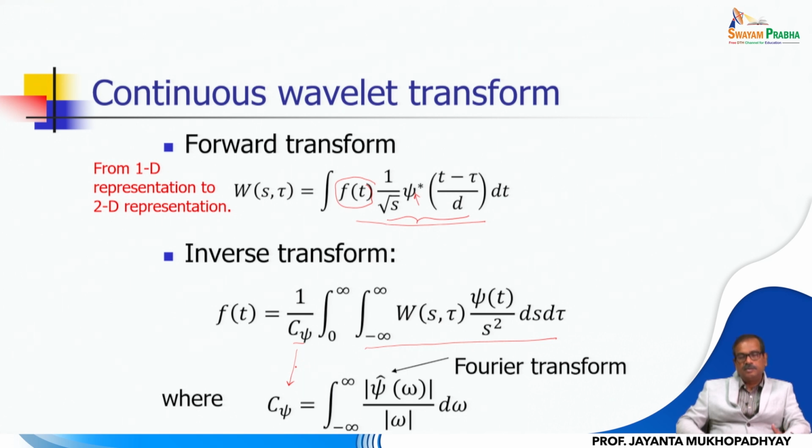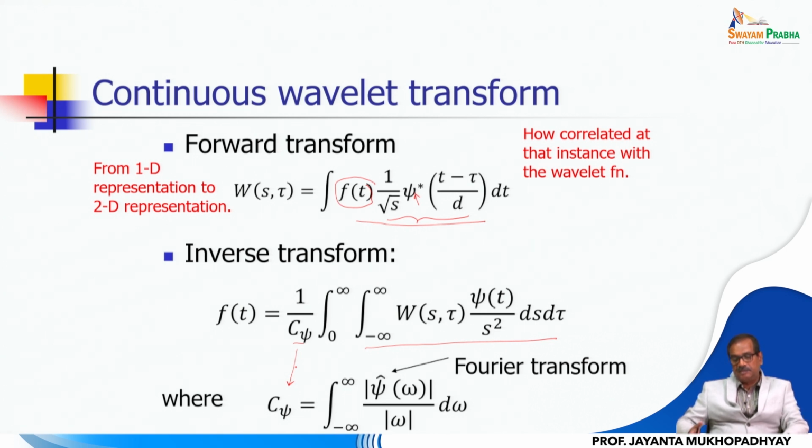One related to space localization, which is the translation parameter, and another related to frequency localization, which is the scaling parameter. So the wavelet transform will have a two-dimensional representation instead of a one-dimensional representation.